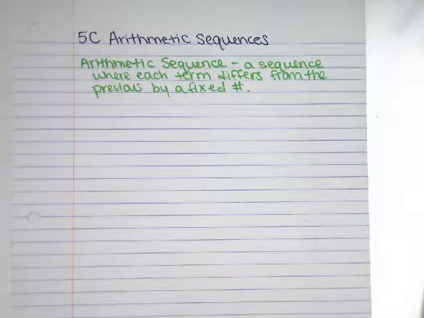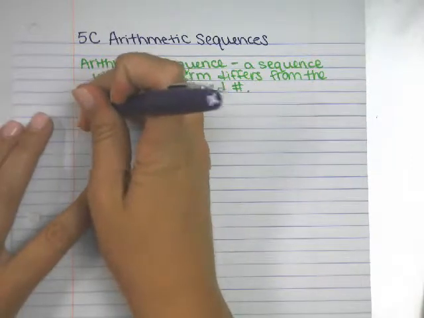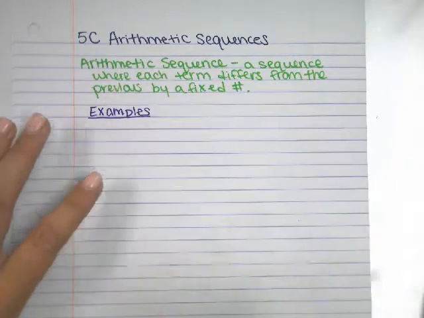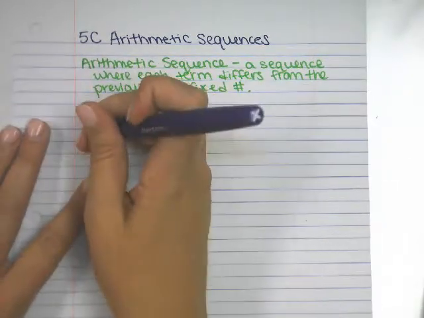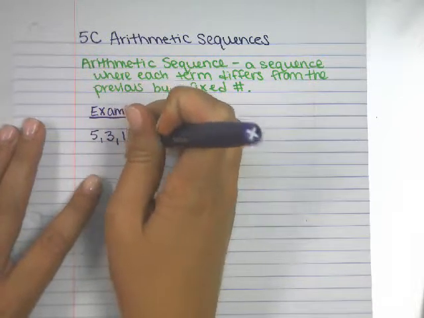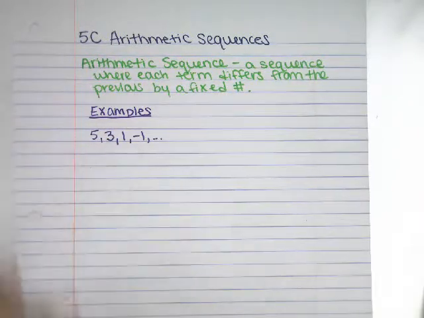Here is an example of some arithmetic sequences. So here an example would be 5, 3, 1, -1, ... So in order to show that this is an arithmetic sequence, we need to look at the difference between the terms.